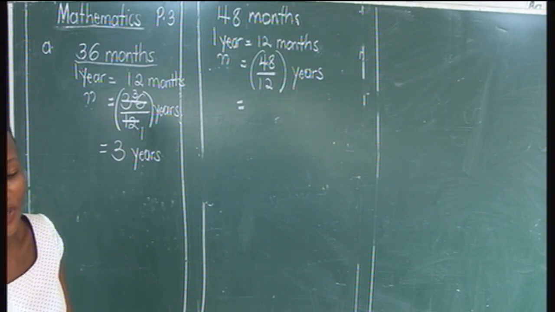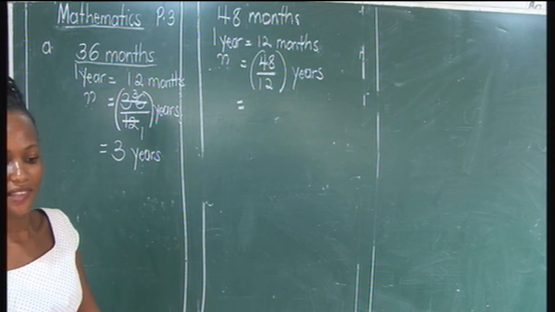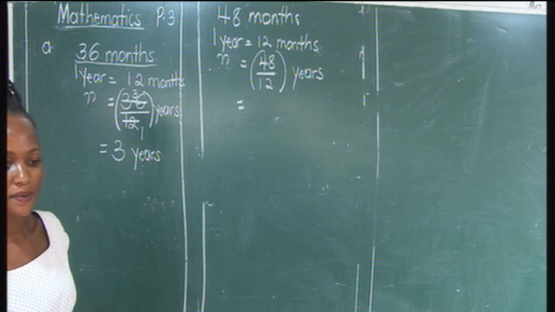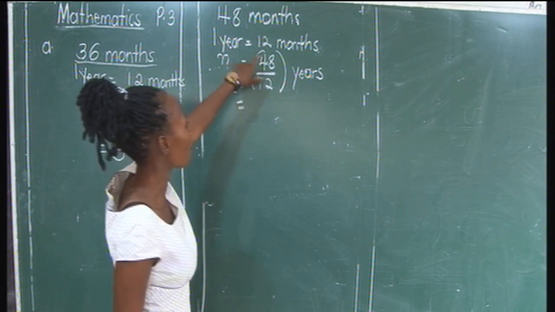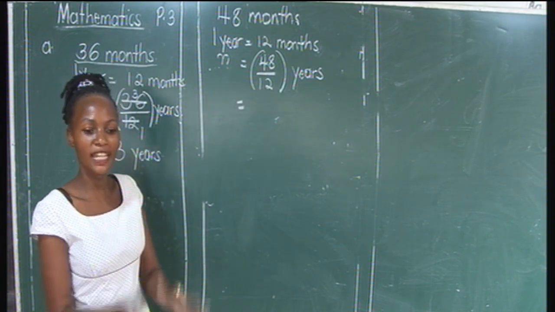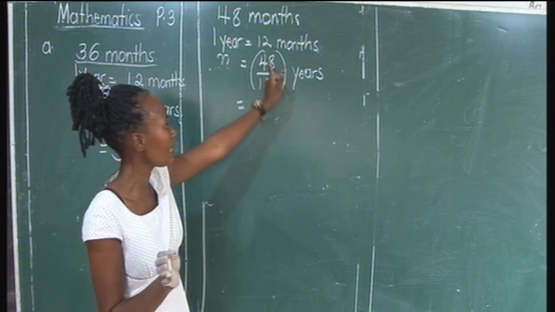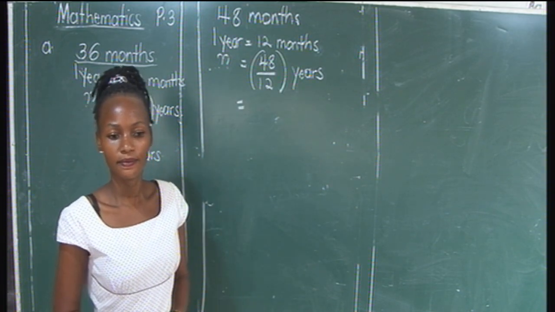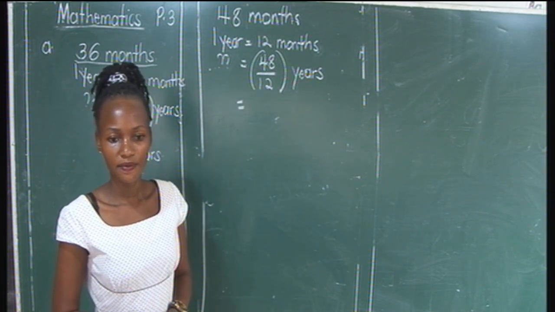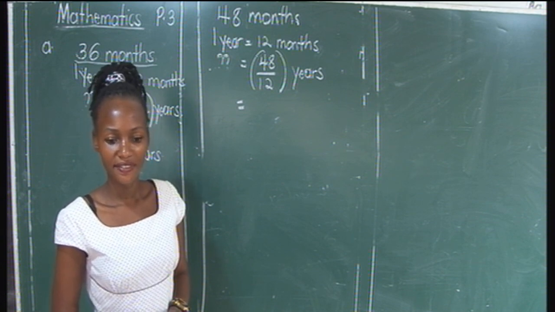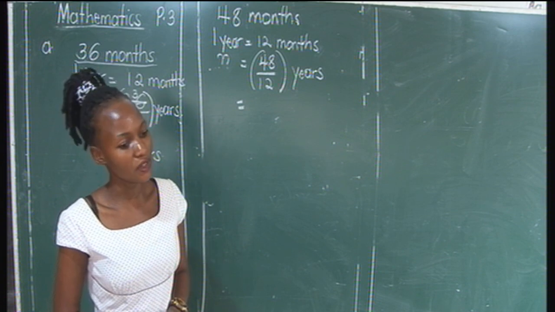48 divided by 12. What is the answer? How many 12s can you get from 48? When you add 12 plus 12 plus 12 plus 12, how many will make 48? Who can try? How many will make 48?